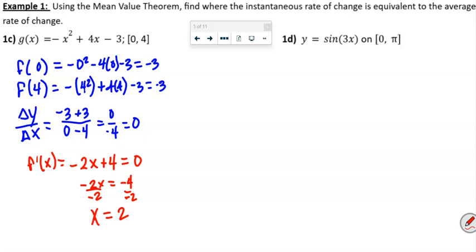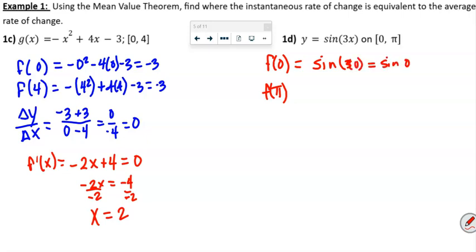All right, so the next one is sine of 3x, and this one's a little tricky, okay? So we're going to do the f of 0 and f of pi, okay? So that's going to be equal to the sine of 3 times 0, which would be the sine of 0, right?